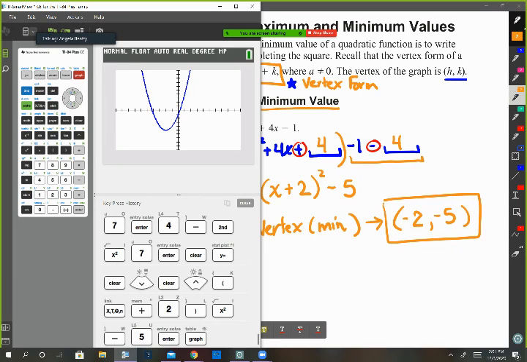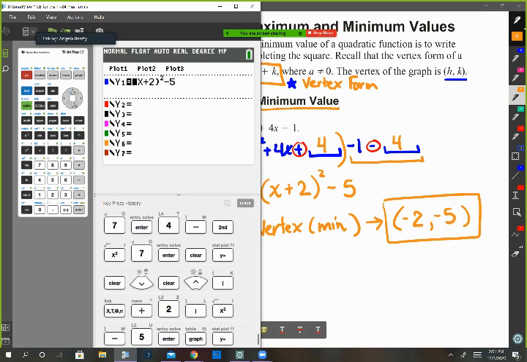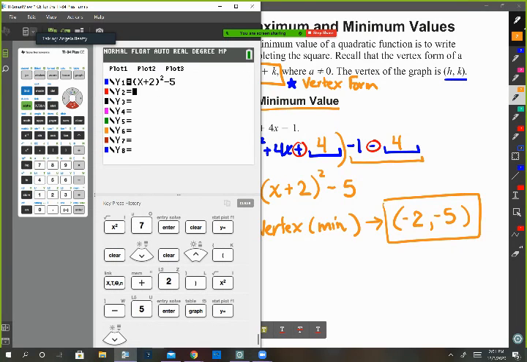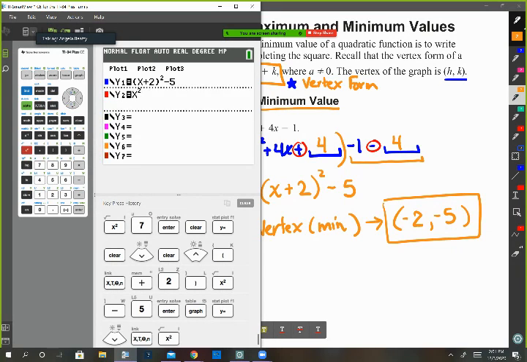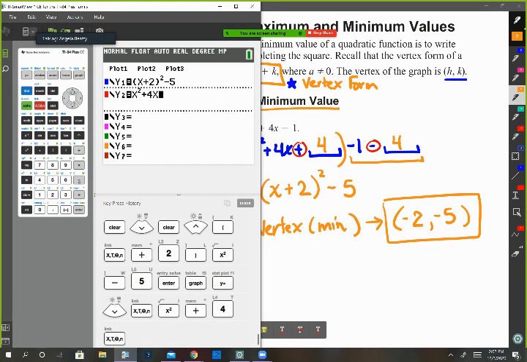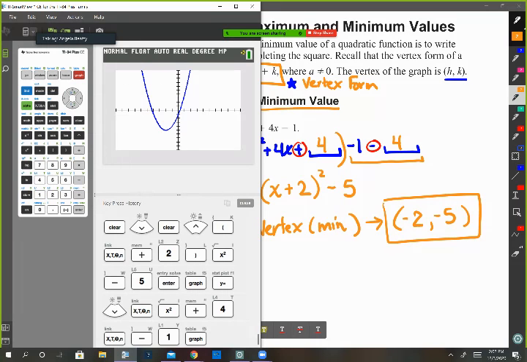Now, could I have done that a different way? Yeah. I could have said, well, what if I just wanted to graph my original equation to begin with? Which I can do. Not a big deal. So if I graph my original equation, I have x squared plus 4x minus 1. When I graph this, it should just go right on top of my other graph because it's the same graph.